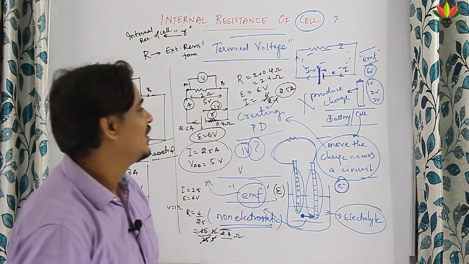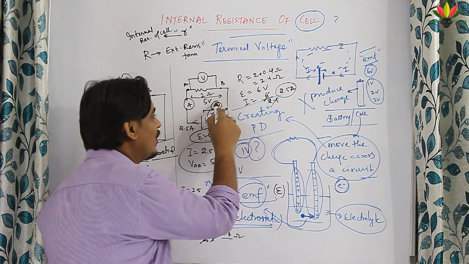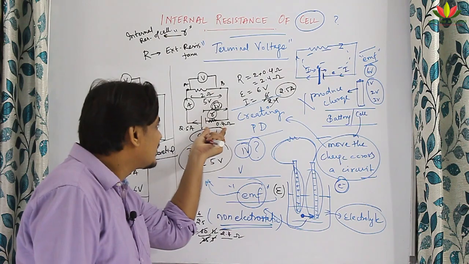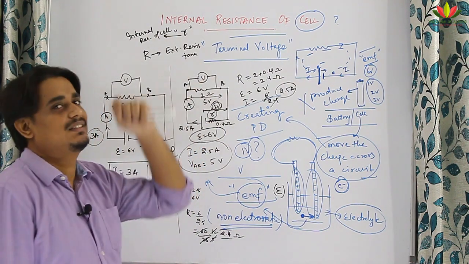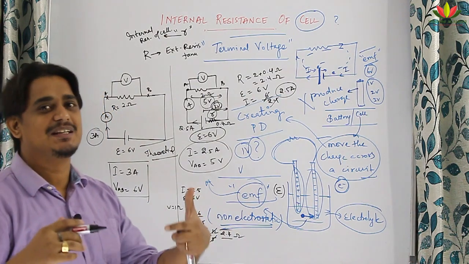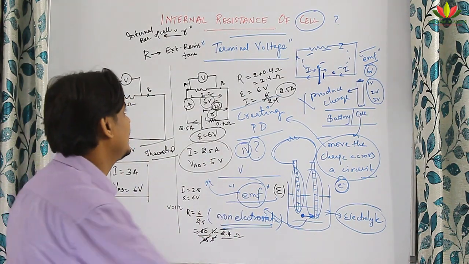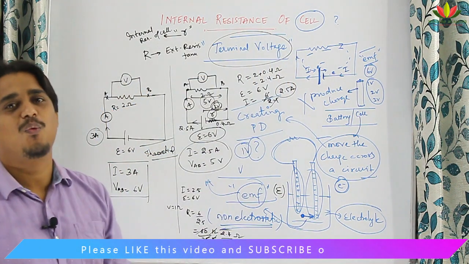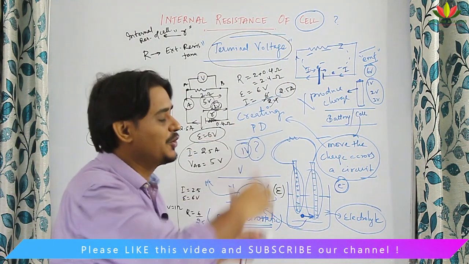Now, you understood where this 1 volt went? This 1 volt became the potential difference that is consumed by it, and this is the potential difference that is visible in the external circuit. That is known as the terminal voltage of this circuit.